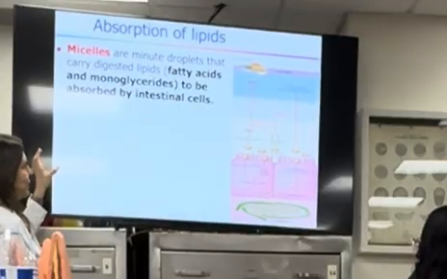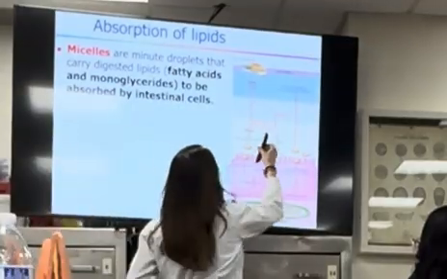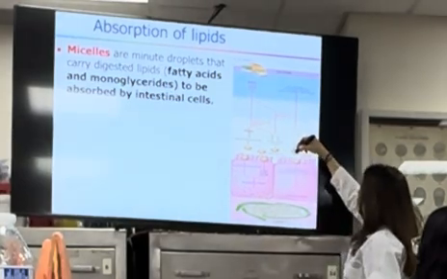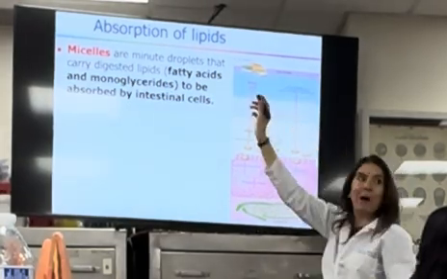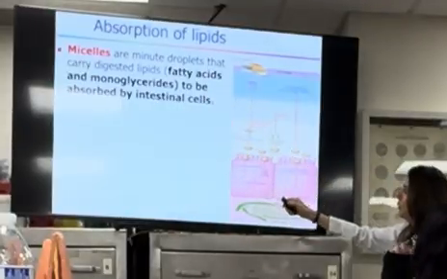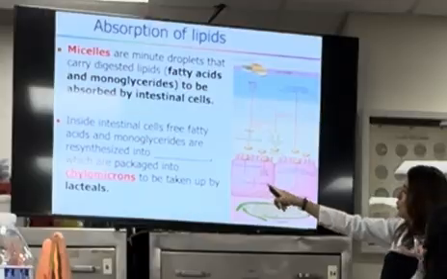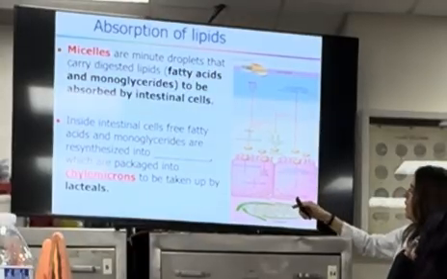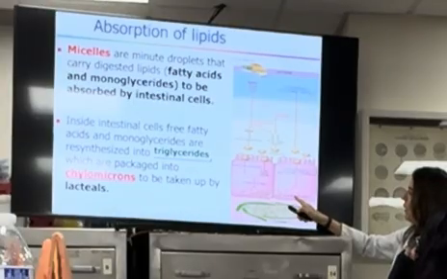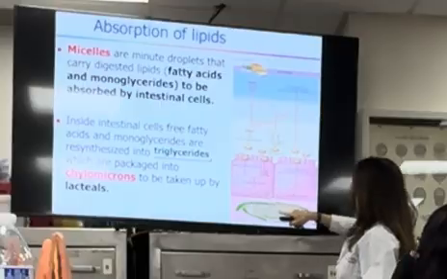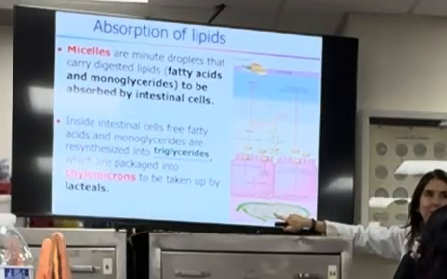absorption of lipids. In the small intestine, lipids need to be packaged into small droplets that are called micelles. Micelles are the ones that will be transferred into the cells of the small intestine, and then they will become chylomicrons that will be triglycerides, and those will pass into the lacteals.